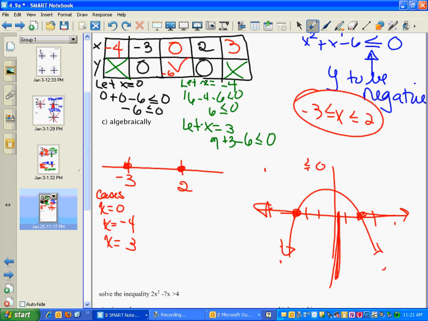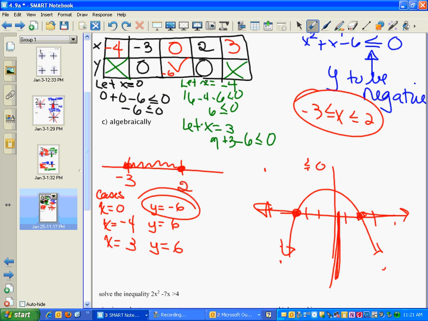At 0, we got y is -6, right? At -4 up here, we got that y was +6. And at 3, we got y is equal to 6. This is the only place that gets us the negative value. So we want in between.